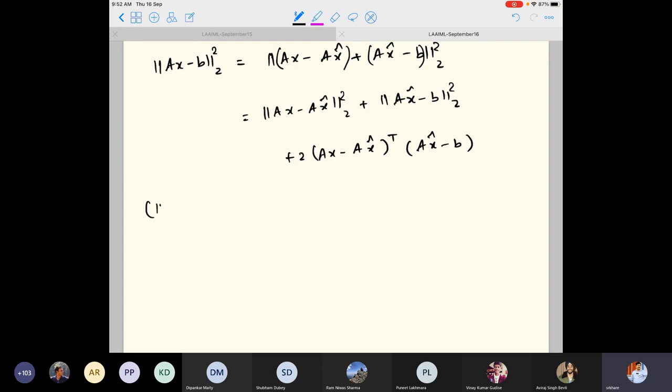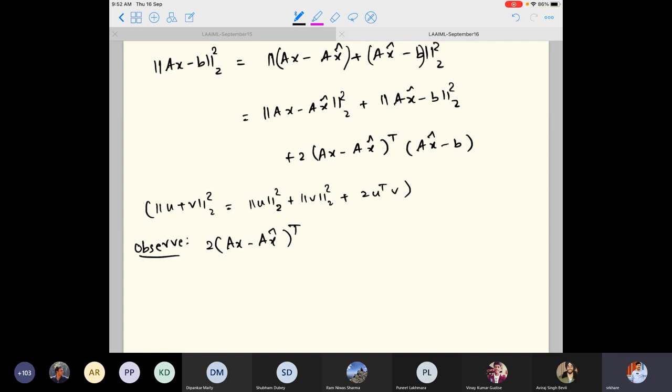This, if you recall, comes from the norm of u plus v square being norm of u square plus norm of v square plus 2 times u transpose v. I'm using this identity to write this down, right? And what happens to this cross term, 2 times (Ax minus Ax hat) transpose into (Ax hat minus b)? I say this term is equal to 0.